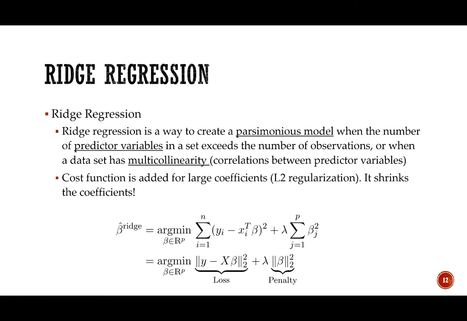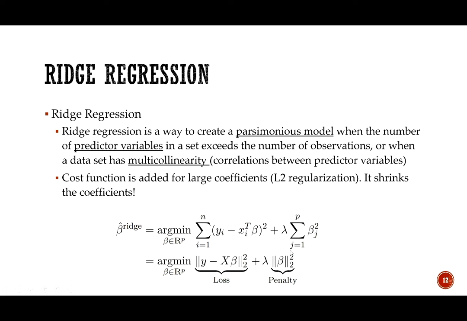Ridge regression is a way to create a parsimonious model when the number of predictor variables in a set exceeds the number of observations, or the data has multicollinearity, correlation between predictor variables. Here you can see the cost function. The first part is similar, which is the loss function or the sum of squared errors.